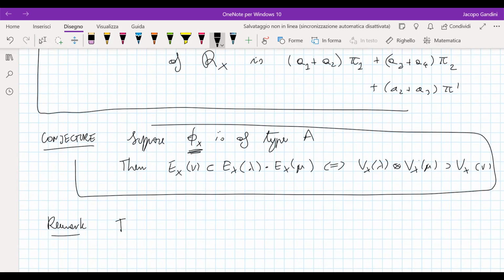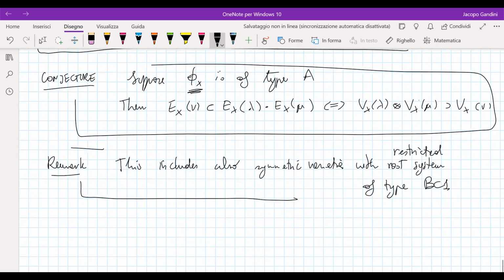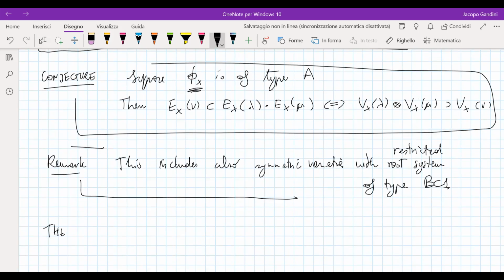So this includes also symmetric varieties with restricted root system of type BC1, which were not included in the former conjecture. And then the theorem.